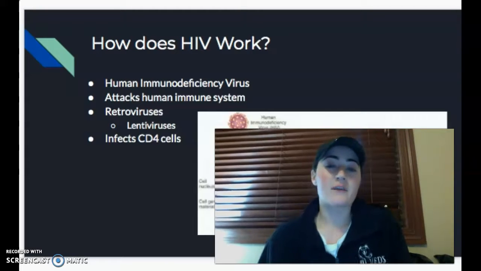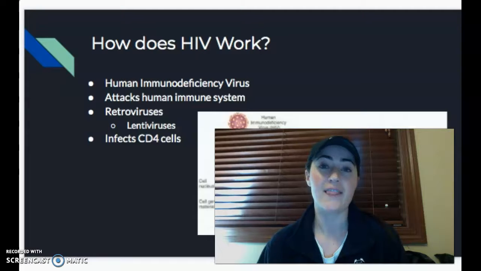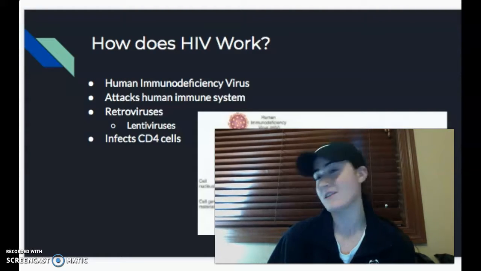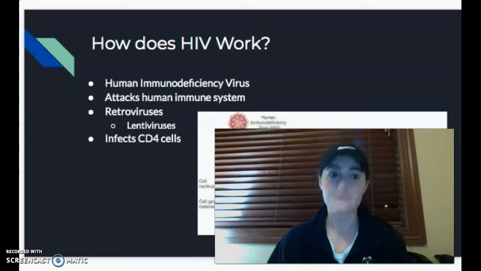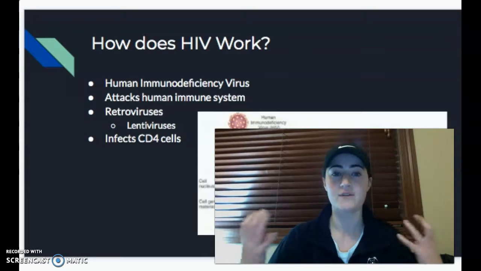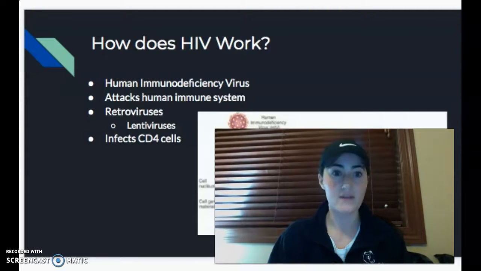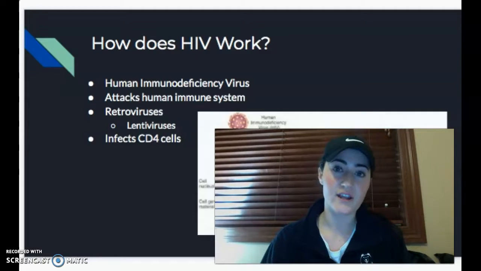Another subclass that HIV is considered to be in is called a lentivirus. These viruses are known to cause disease in a slow manner, and that's something that HIV definitely does. So, like I was saying before, HIV stores its genetic material in the form of RNA, and it reverse transcribes its RNA into DNA.